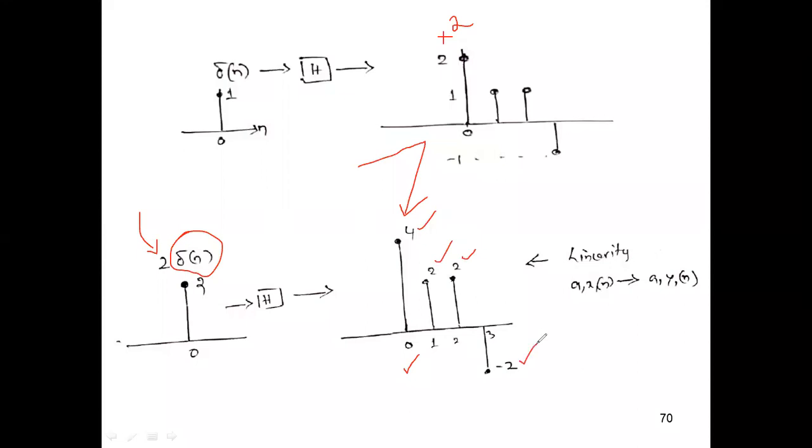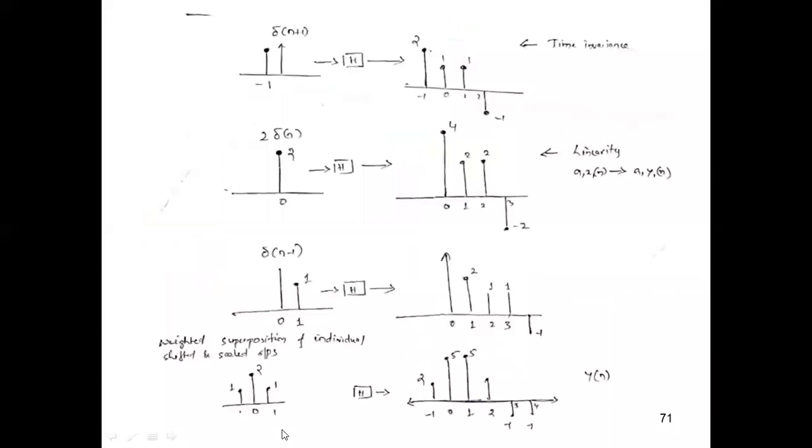Okay, is somebody following this? Now on the same grounds, what was the next one? Delta n minus 1, right? My input was 1 2 1, given with an arrow.